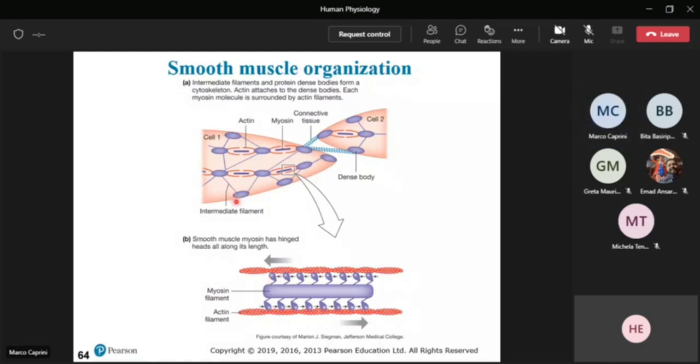So the structure is disorganized compared to the skeletal muscle, and when this actin and myosin contract, one dense body goes close to the other dense body.